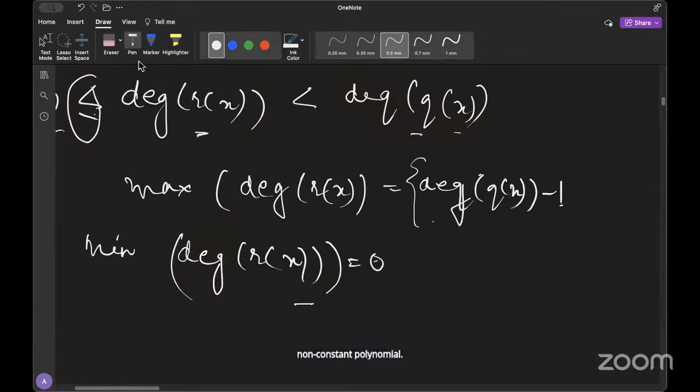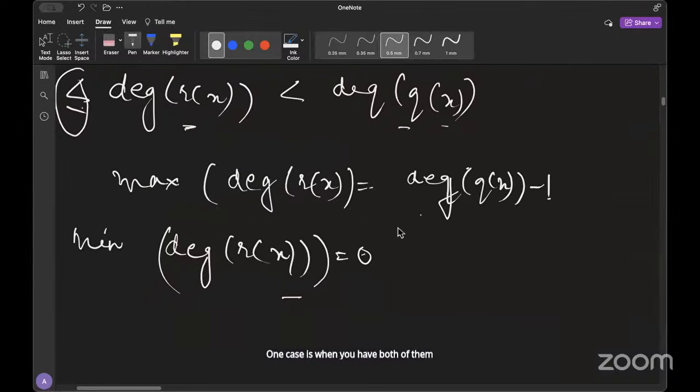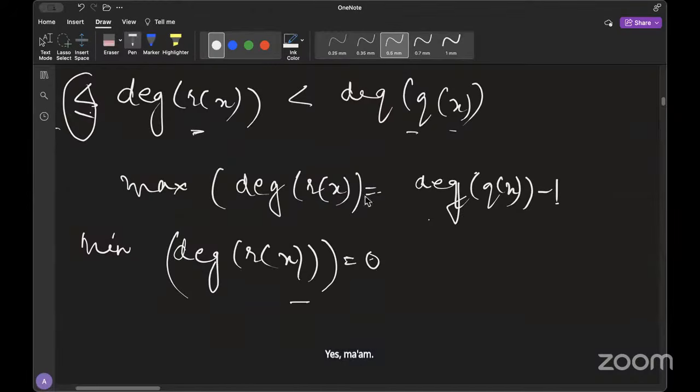Just 1 second. Or maybe I can just incorporate the other case too here. One case is when you have both of them constant or both of them of the same degree, when your degree of R(x) will be 0. So if you have 0 there, then, let's say 7 and 2.